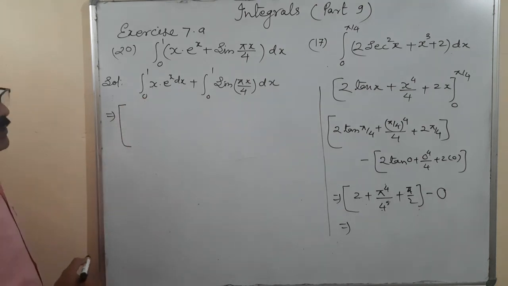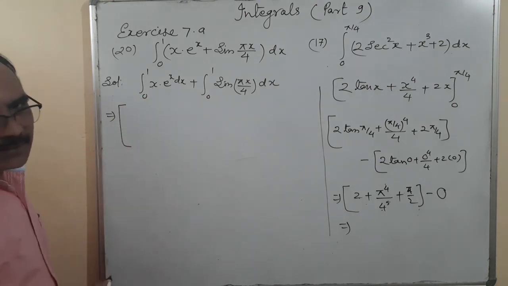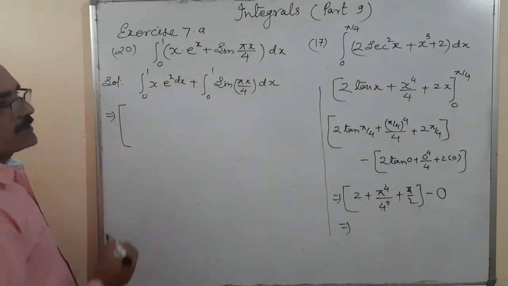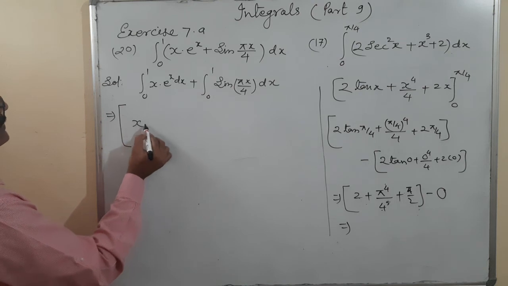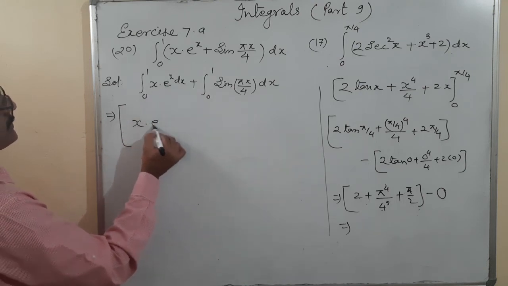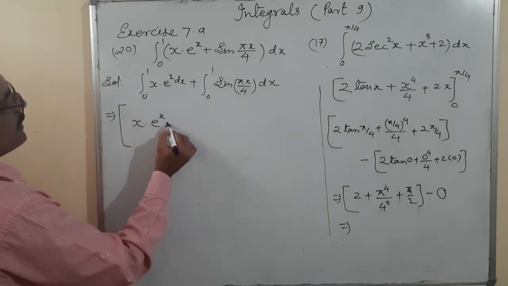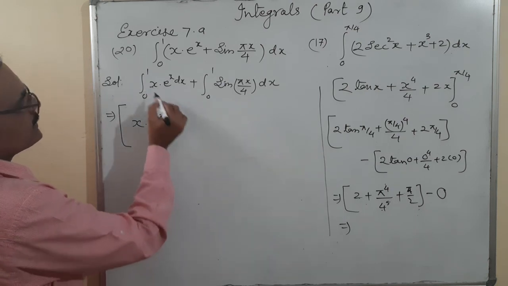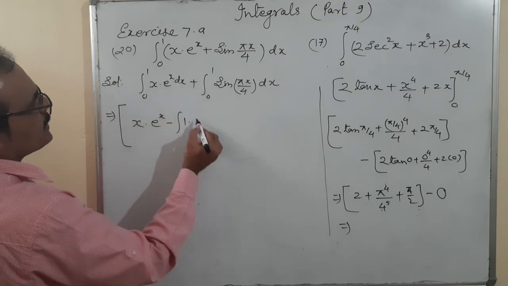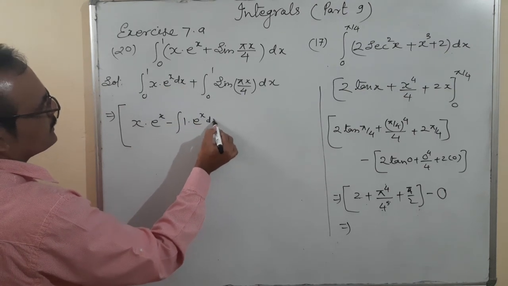Now what should be taken as first and second? The exponential term is always treated as last. So x is the first function into integration of second function, minus integration of differentiation of first function, that is 1, into integration of e to the power x dx.